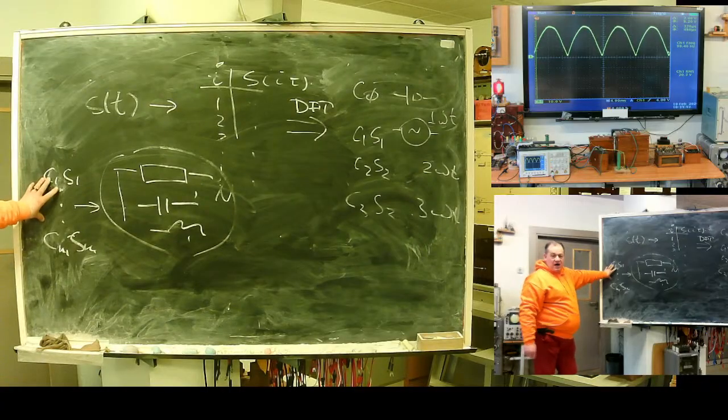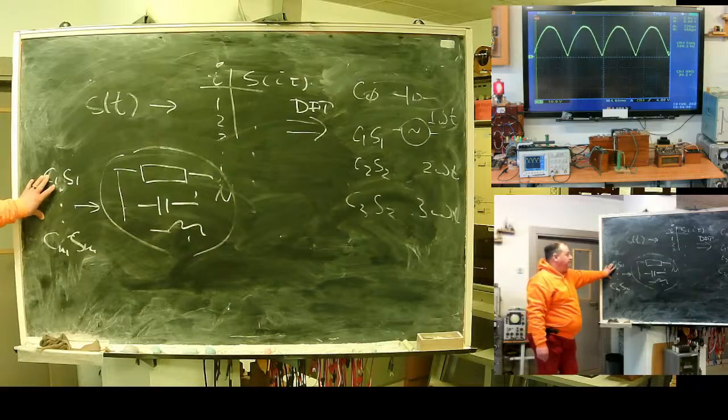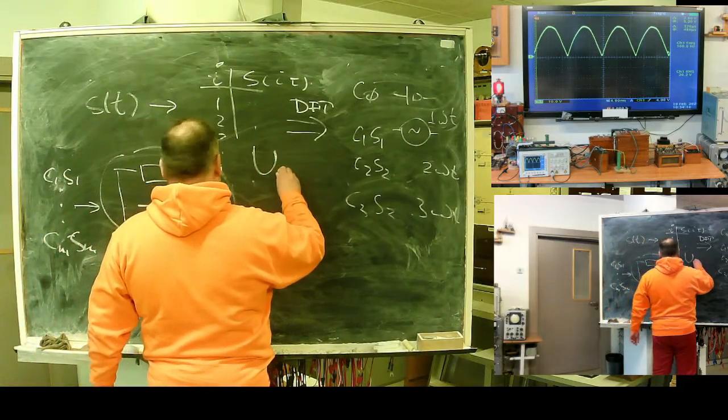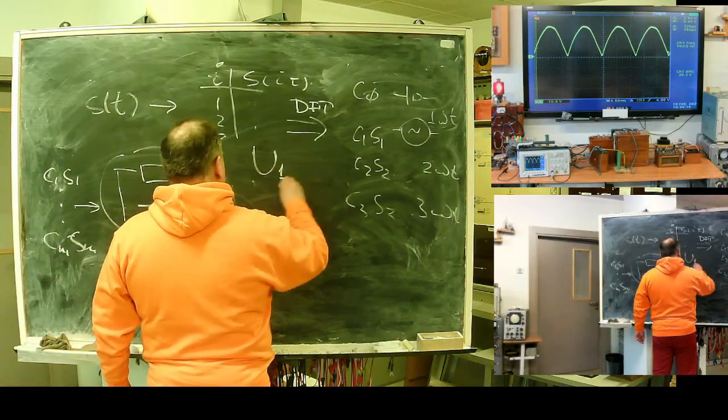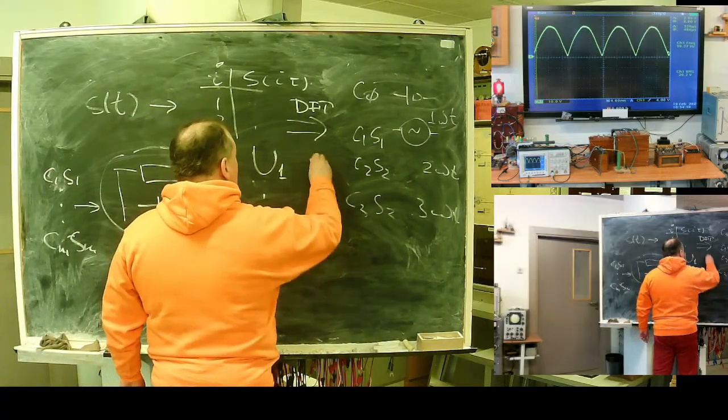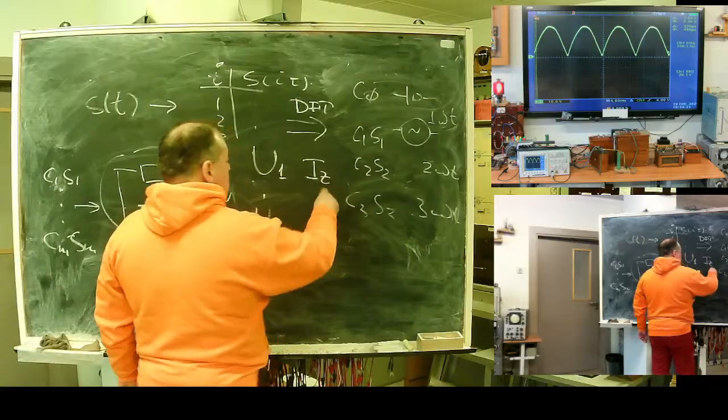These components are ideal AC. Yeah? I can perform network analysis by the rules of classical electrotechnics theory. It's clear. So I will get AC voltages, starting from 1 and ending at M. I will have branch currents.